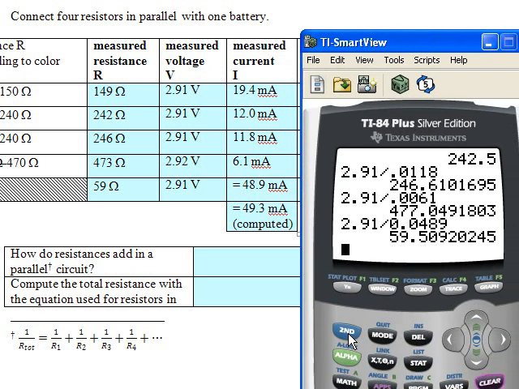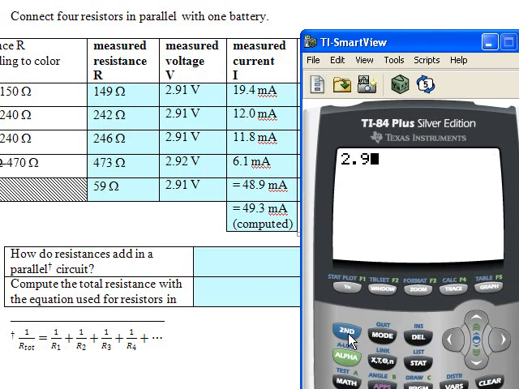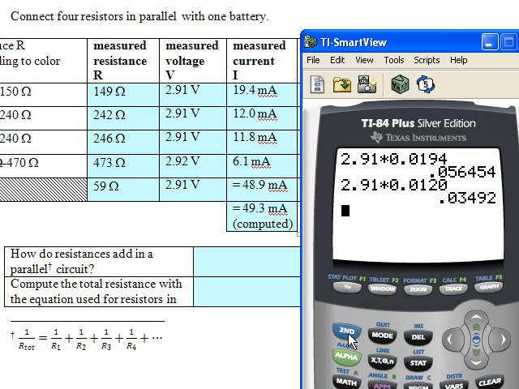90.4, whoops, it's not true, times 0.0194, 2.91 times 0.0120, and so on.